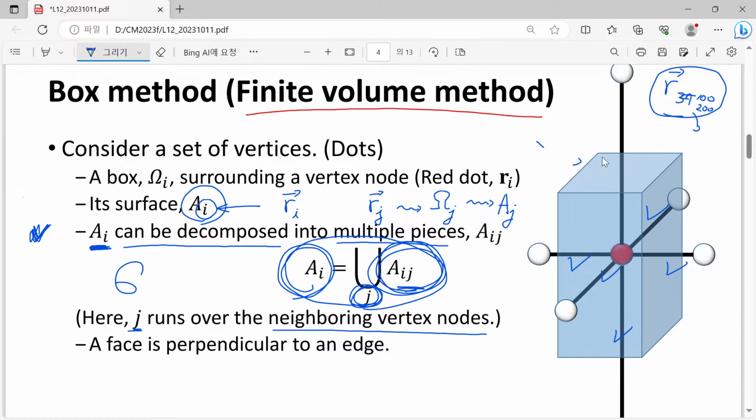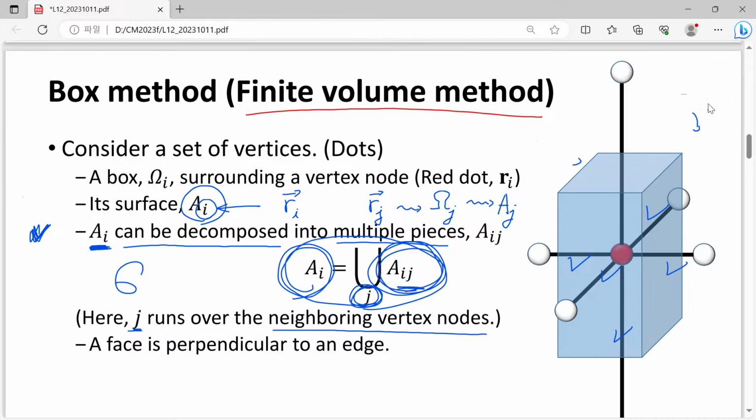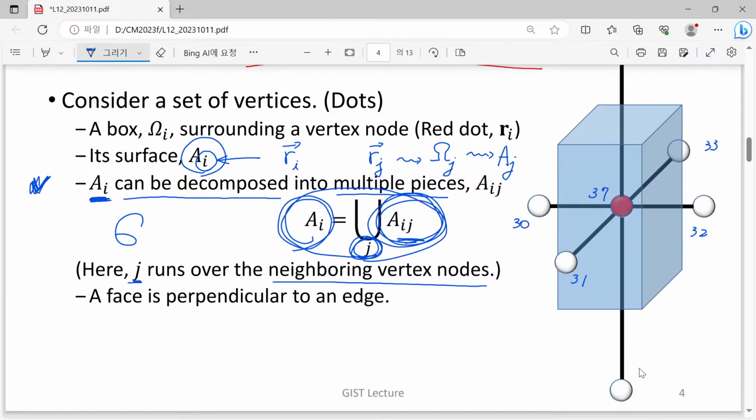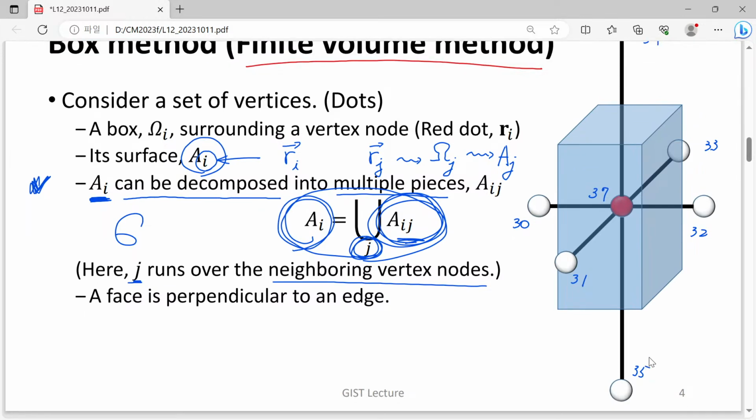So are you with me? Let me just make a simple specific example. Let's say that this red dot is labeled with the number 37, and it has 6 neighboring index nodes: 30, 31, 32, 33, 34, and finally here 35. The numbering itself is quite arbitrary, and there is no reason why we have a missing 36. 36 will be found somewhere else.